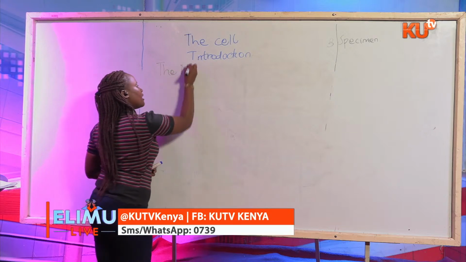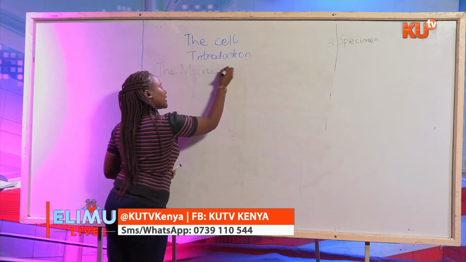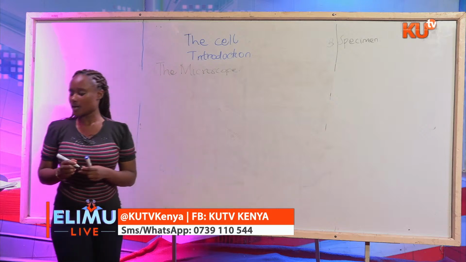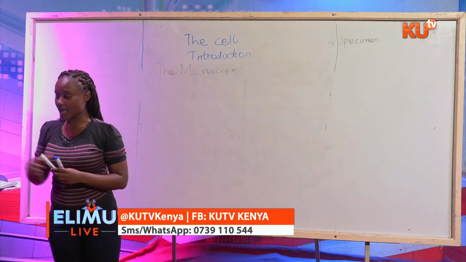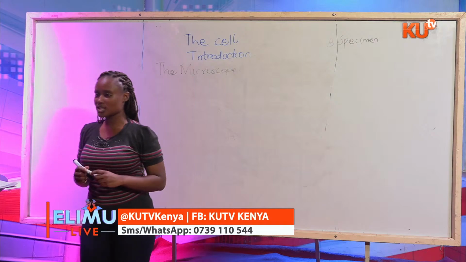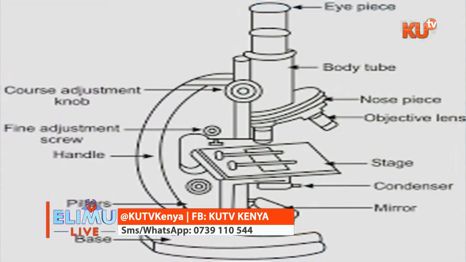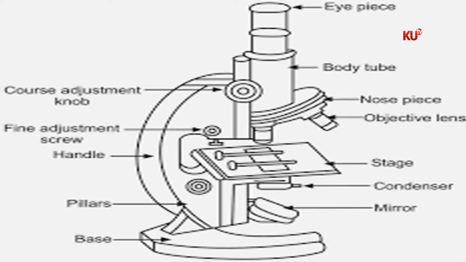In the microscope, we have parts like the eyepiece, we have the coarse adjustment knob, fine adjustment knob, we have the nose piece, we have the body tube, we have the mirror, condenser, we have the stage, we have revolving piece, we have the limb, then we have the stage, and we also have a mirror and a hinge screw.